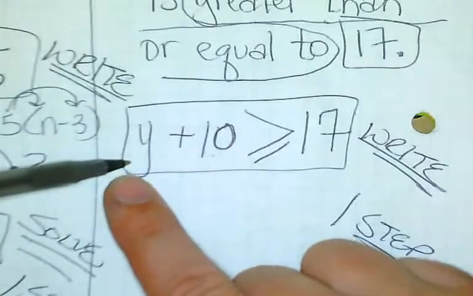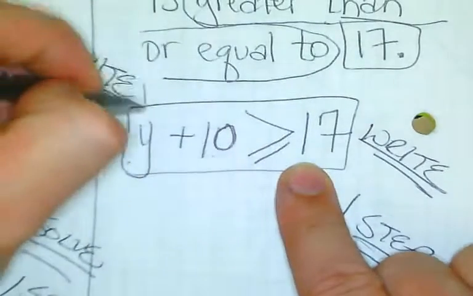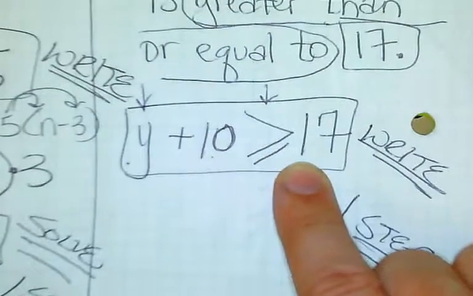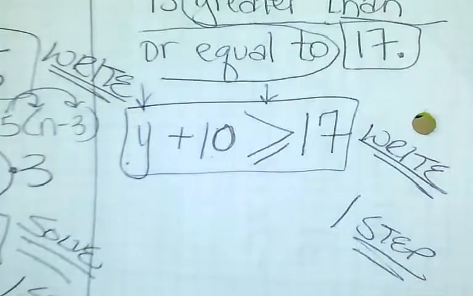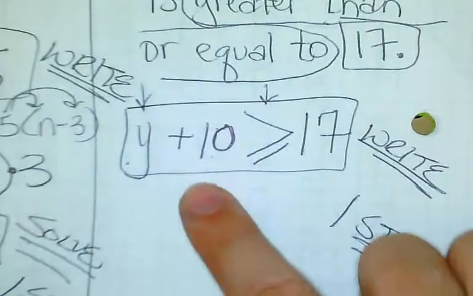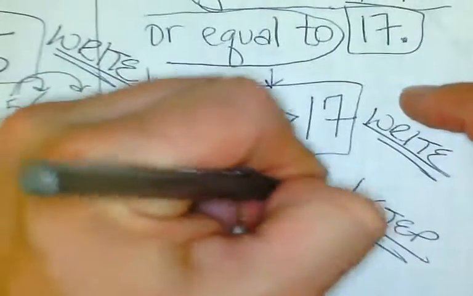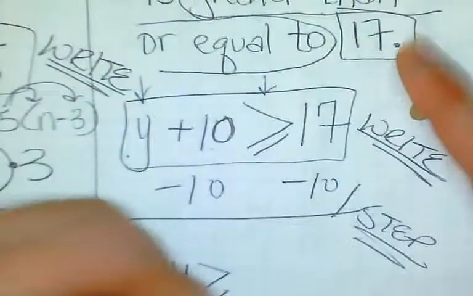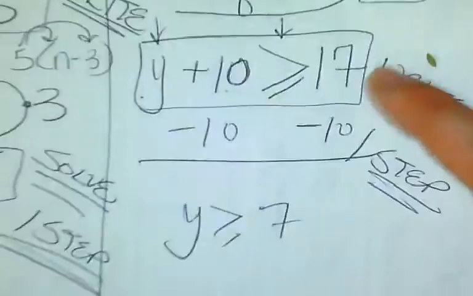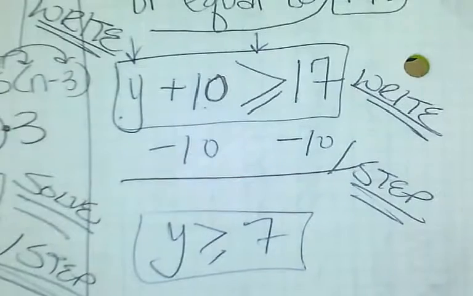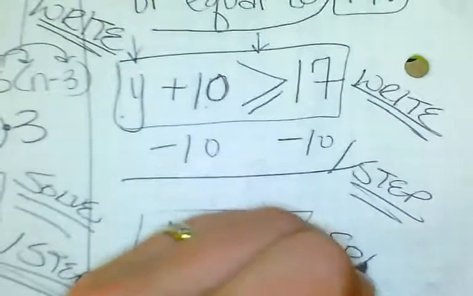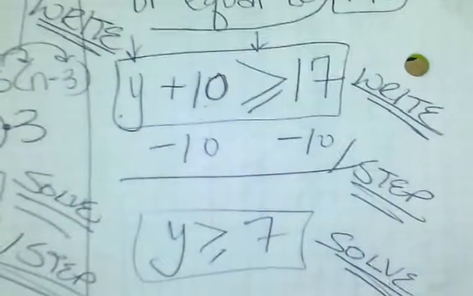Y es mi respuesta. Y aquí es una respuesta, aquí es una respuesta. 17 es en el otro lado a Y, eso está bien. Sí, negativo 10. La única cosa. So, Y mayor que o igual 7. Porque 17 menos 10. And then this one, solve. All good.